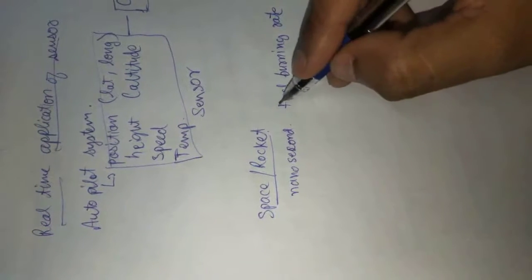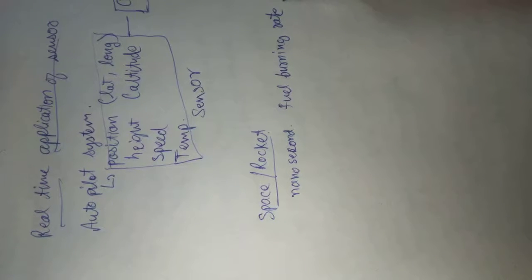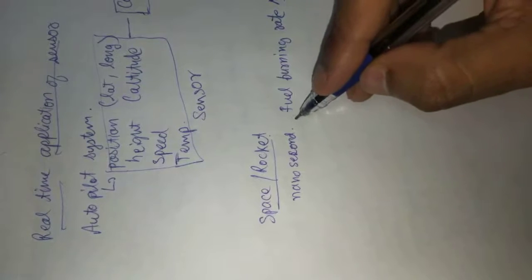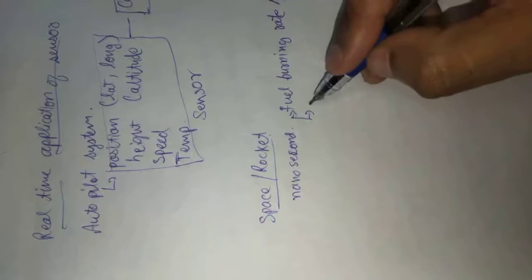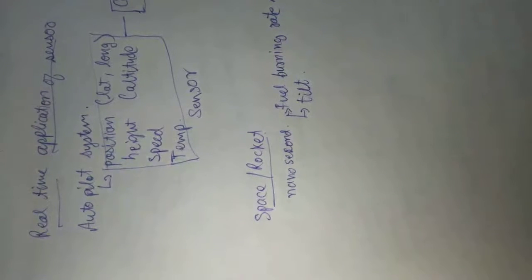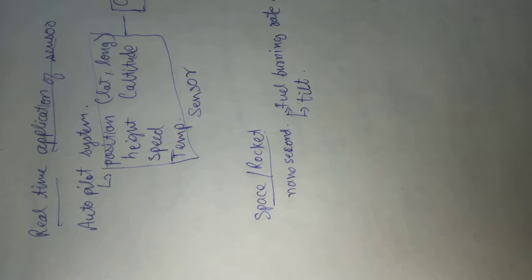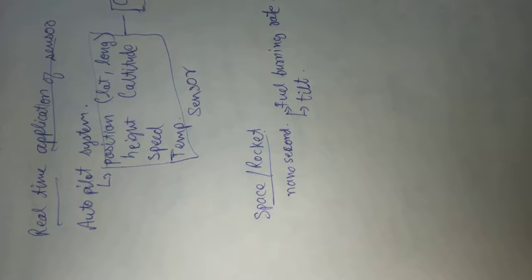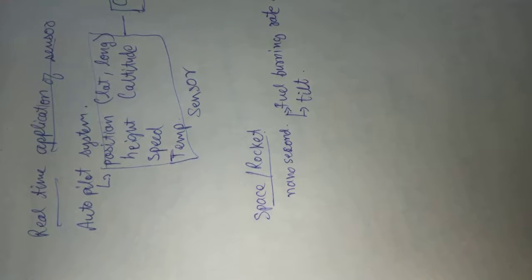That fuel burning rate will decide its ascent in height, and the second important part will be the tilt. If the rocket tilts more than the required value, then it will not follow the desired path. It will not reach the prescribed orbit which is required, and if the tilt is even more, it may fall back on the earth itself and it may cause a failure.